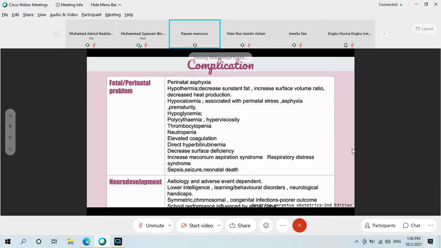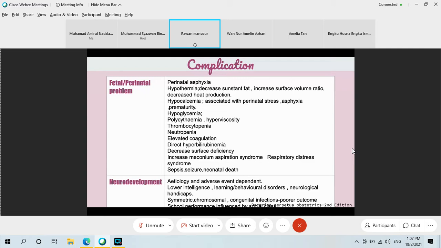Thrombocytopenia and also neutropenia decrease the platelet concentration, with elevated coagulation, and hyperbilirubinemia. Surfactant deficiency, and increased meconium aspiration syndrome and respiratory distress, which is trouble in breathing, will be due to placental insufficiency, maternal hypertension, and preeclampsia. Sepsis and seizure and neonatal death will happen in serious complications in the perinatal period.